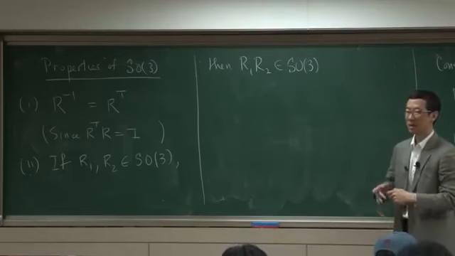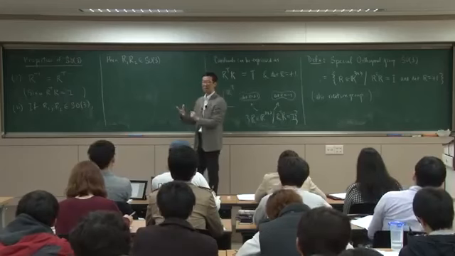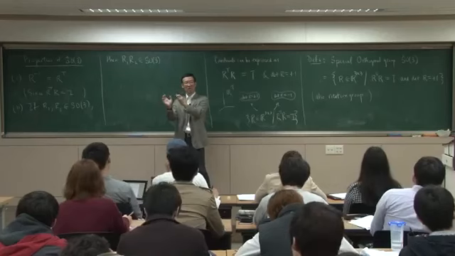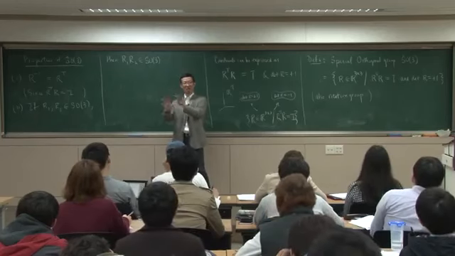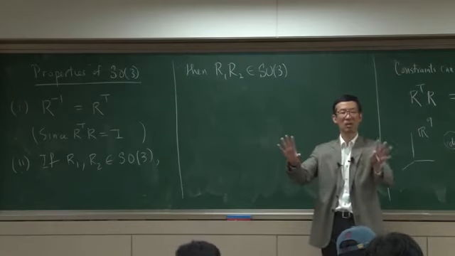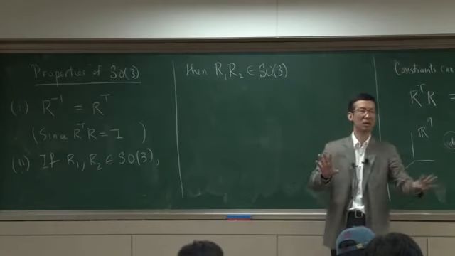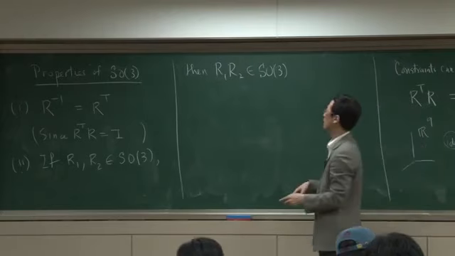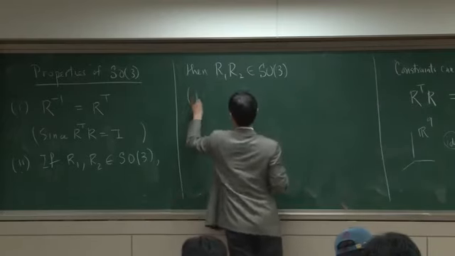This is kind of a remarkable fact. If you multiply two matrices in the general case, you lose any structure. But if these two matrices happen to be rotations, you can multiply them and always get rotations.